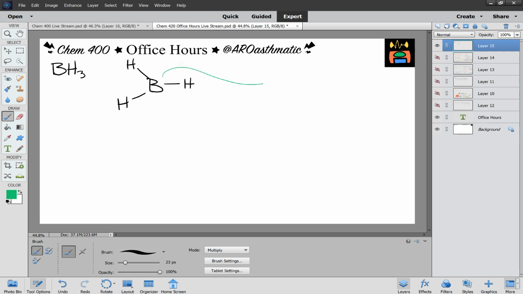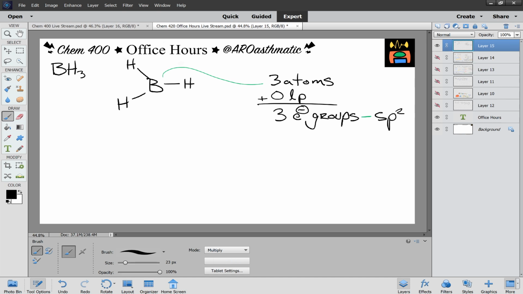And if you look, we've got 3 atoms attached to our central atom, 0 lone pairs. So that means we have 3 electron groups. And whenever you have 3 electron groups, you're trigonal planar and your hybridization is sp2.